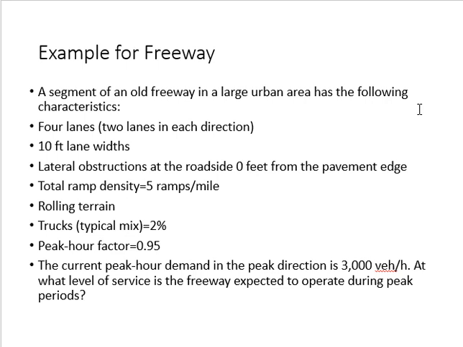Look at the lateral clearance. How much? Zero. So the road is very narrow. Because of this narrowness, the drivers are very close to each other and the density is higher. That's why we have level of service D. If you keep everything the same but increase the width of the road, you will have a better level of service. Clear? So this is the reason.